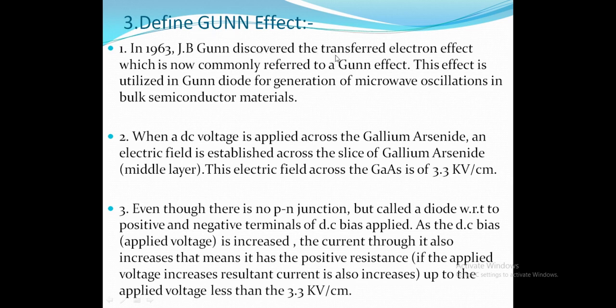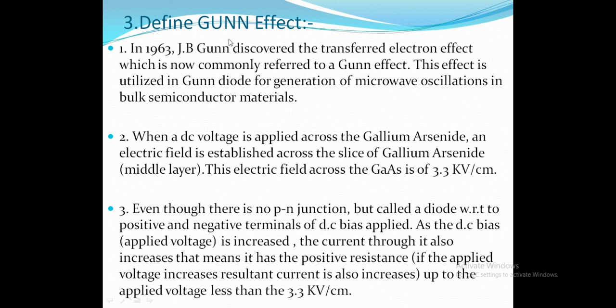In the year 1963, J.B. Gunn discovered the transferred electron effect, which is now commonly referred to as the Gunn effect. This is nothing but the transfer of electrons, so the transferred electron effect is called the Gunn effect.